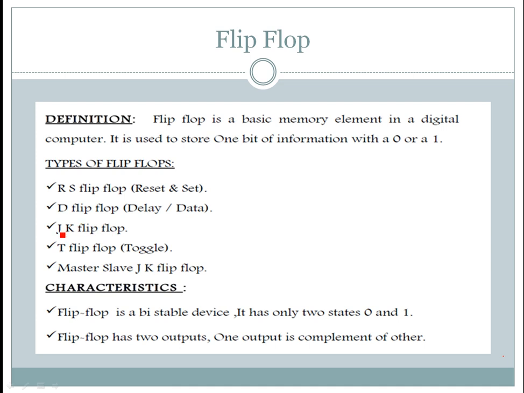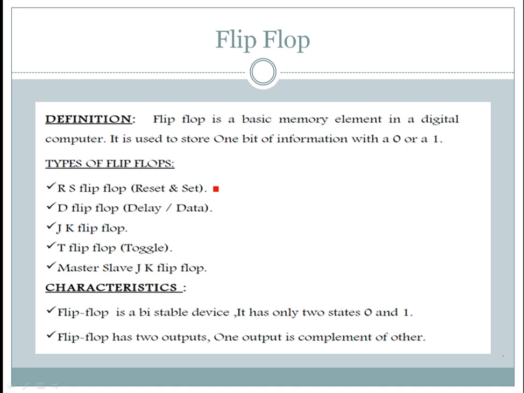Here J and K are the name of the inventor who invented this flip-flop, Jack Kilby. And next one is the T flip-flop, that is, the toggle flip-flop. And the last one is the master slave JK flip-flop. So these are the different types of flip-flops.